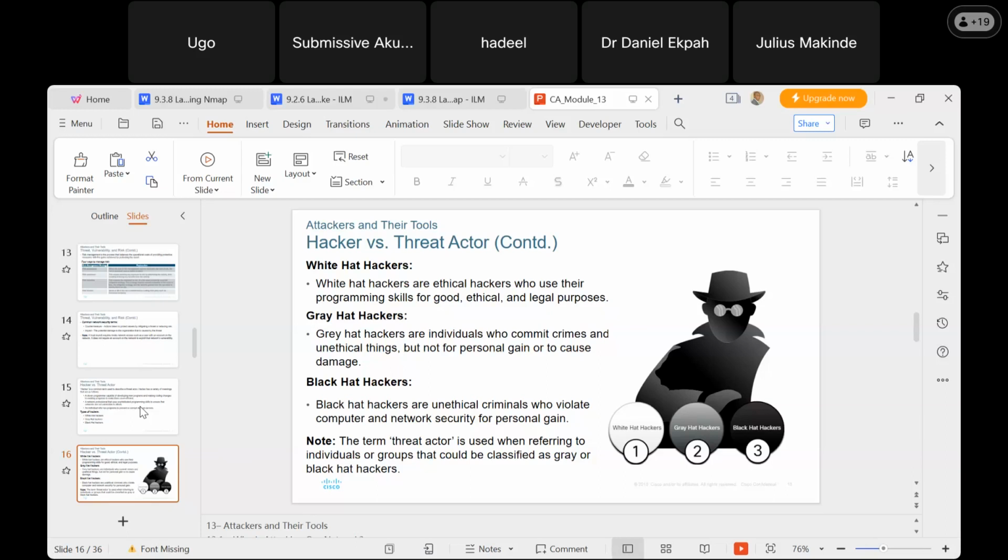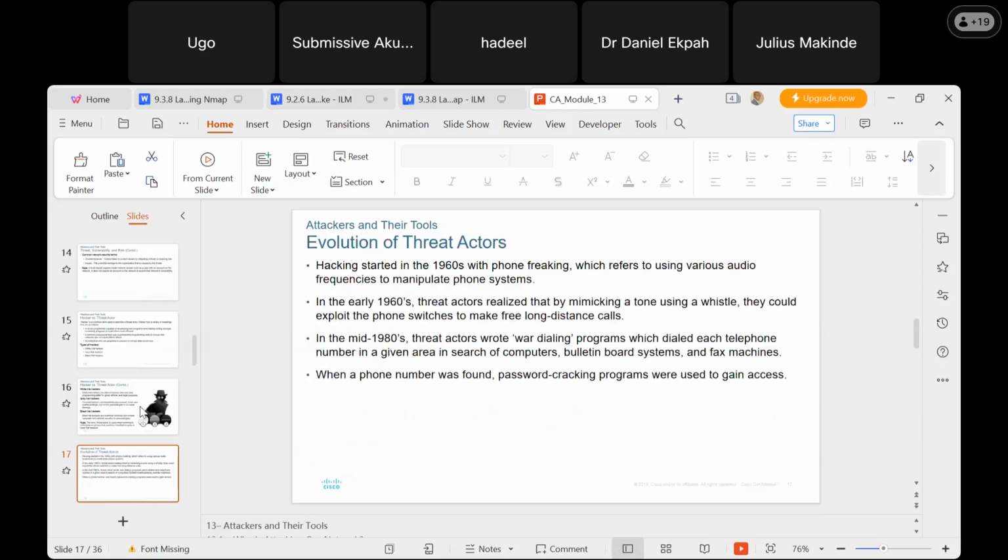So the term threat actor is used when referring to individuals or groups that could be classified as gray hat, black hat, or white hat hackers. So you can see the difference between hackers and threat actors.